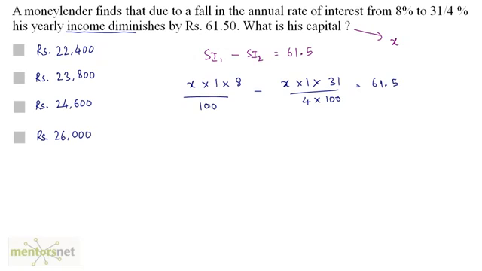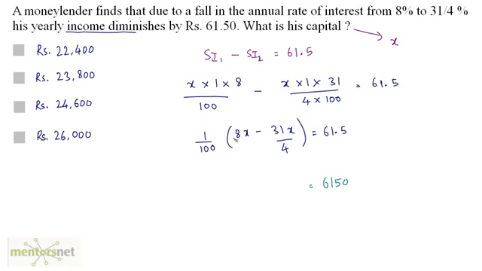Okay, so taking 1 by 100 common, we have 1 by 100 here. I have 8x minus 13x by 4. This is 61.5. Now this 100 goes to the right, so this is 61.5 times 100. The decimal point moves 2 places to the right, so this is 6150.